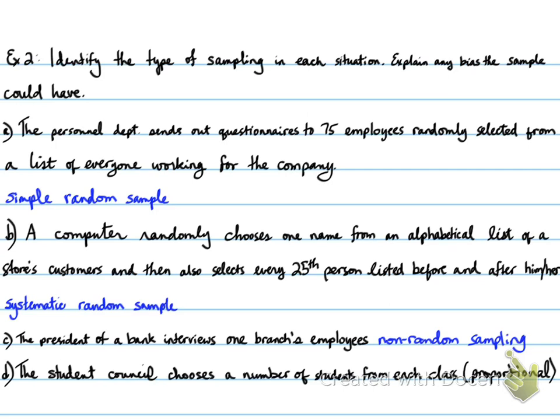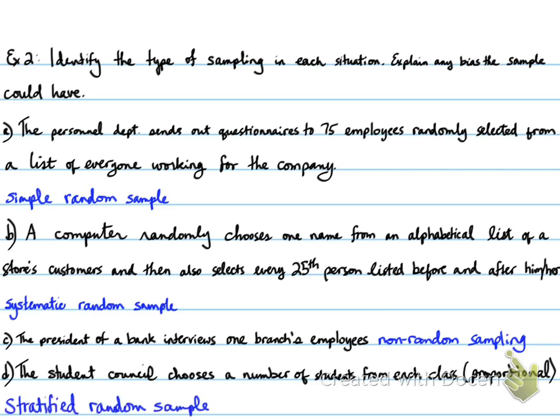What kind of sample is that? Is that stratified? Is that systematic? Hopefully you're thinking, well, everybody's put into classes, so that's a grouping. From a grouping, you're asking 10% from each group. So yes, that's right. This turns out to be a stratified sample.